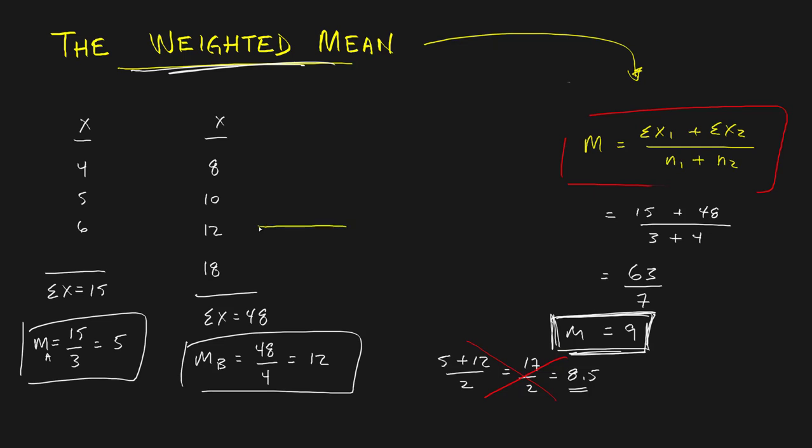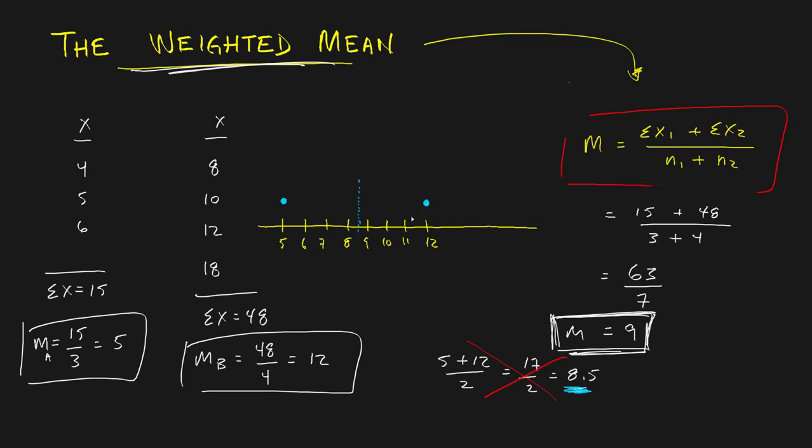A number line where I've got 5, 6, 7, 8, 9, 10, 11, 12. I have one mean for group 1 at 5, and a mean for group 2, my second group, at 12. Right in the center of the two of these, that's what the 8.5 is. It's exactly in the center.